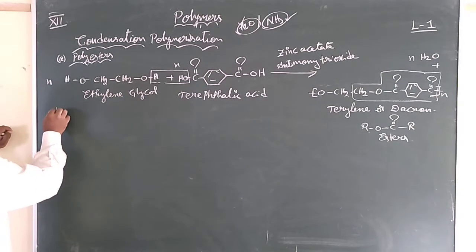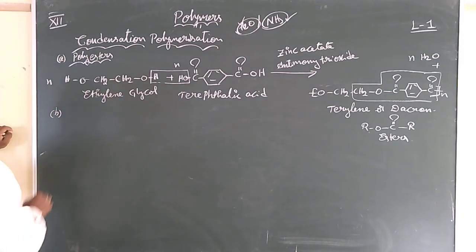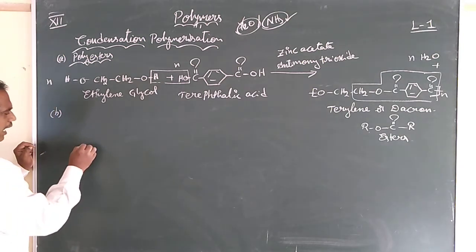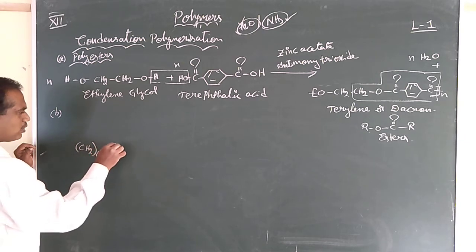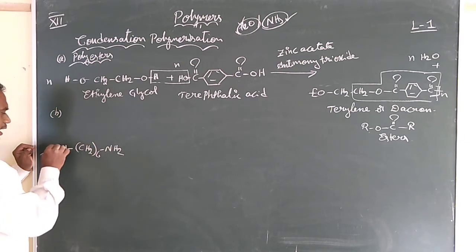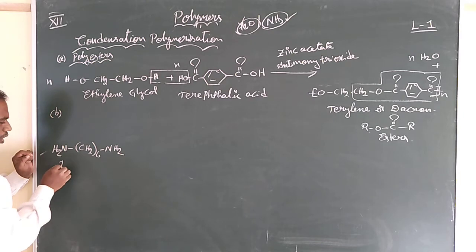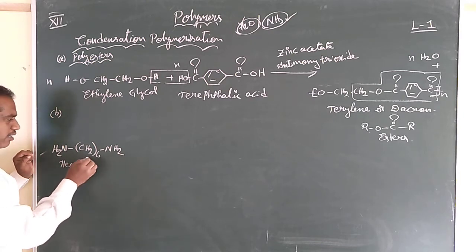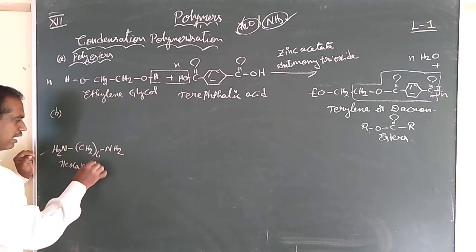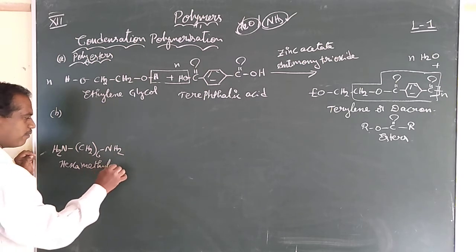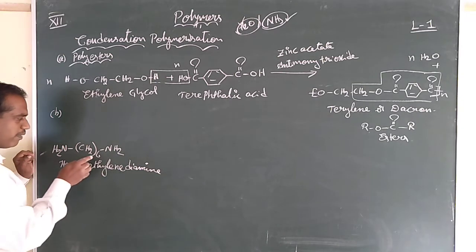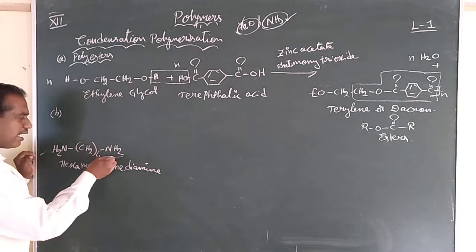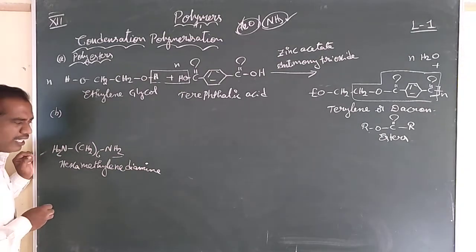If I change my example, like I would like to take another example like H2N, CH2 6, NH2. Its name is hexamethylene diamine. What is this called, children? Hexamethylene diamine. Hexa means 6. Methylene groups are repeating. Amines are 2 in number. So this is called hexamethylene diamine.